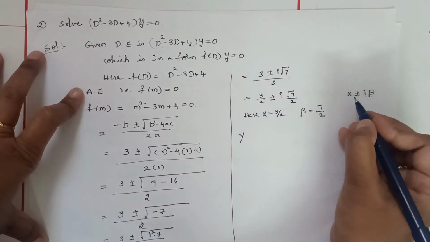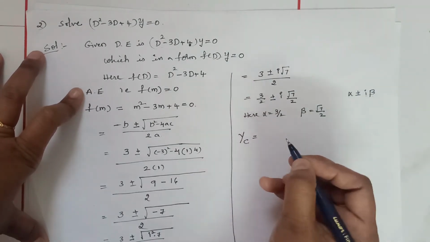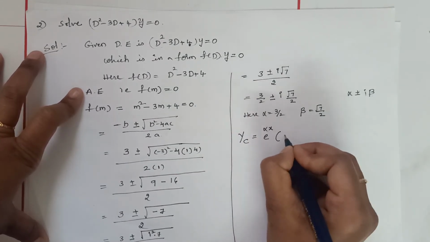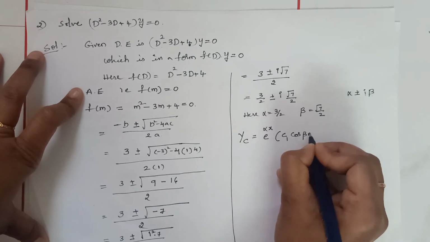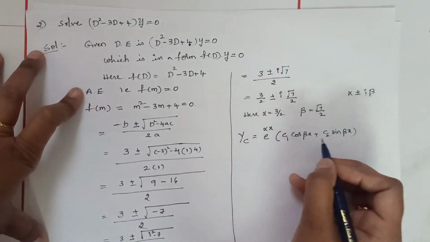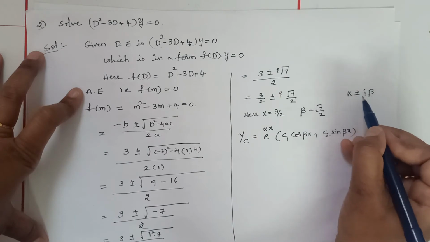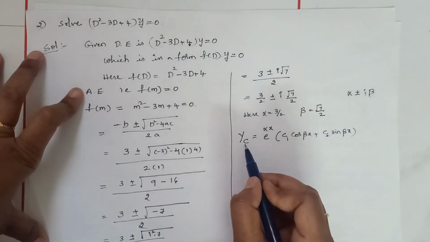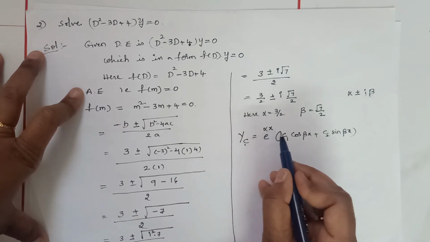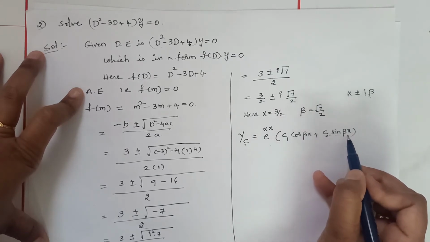When you get the roots in the form of alpha plus or minus i beta, the complementary function yc is equal to e power alpha x into c1 cos beta x plus c2 sin beta x.